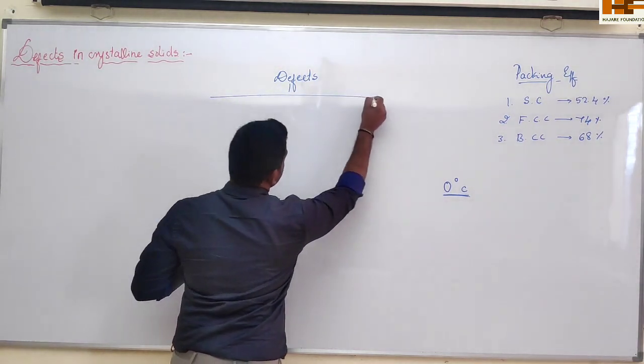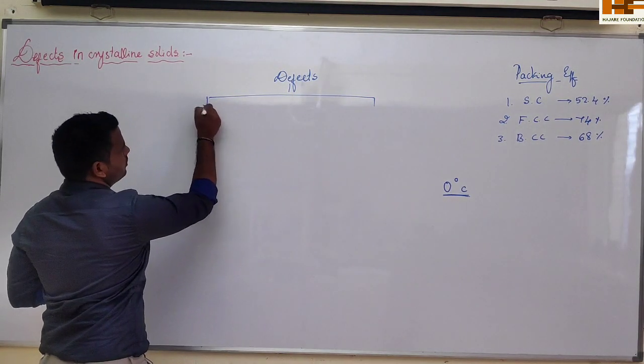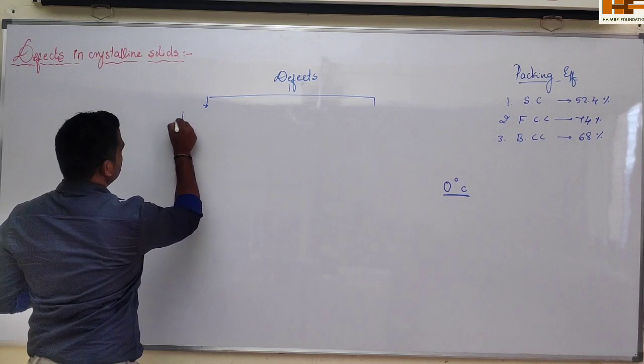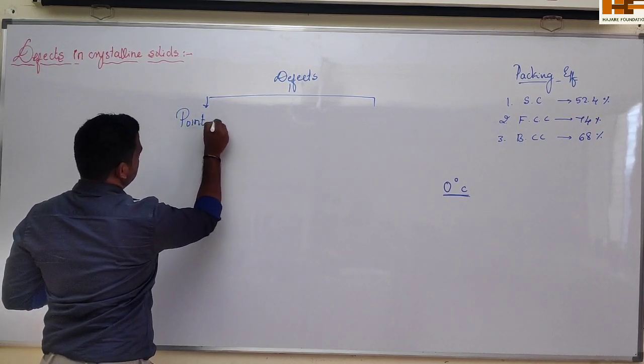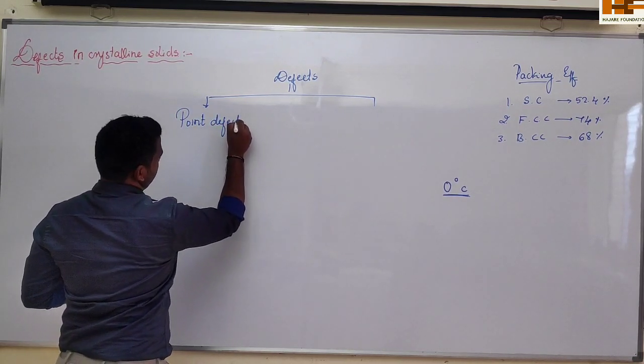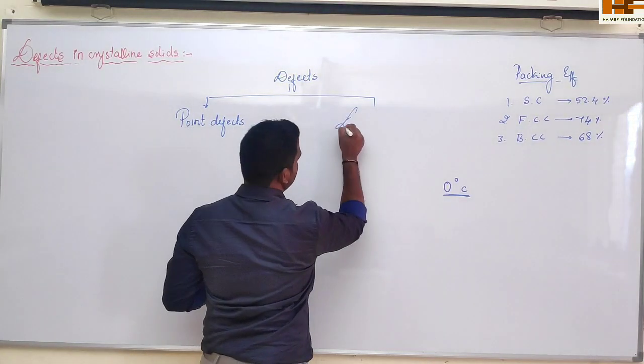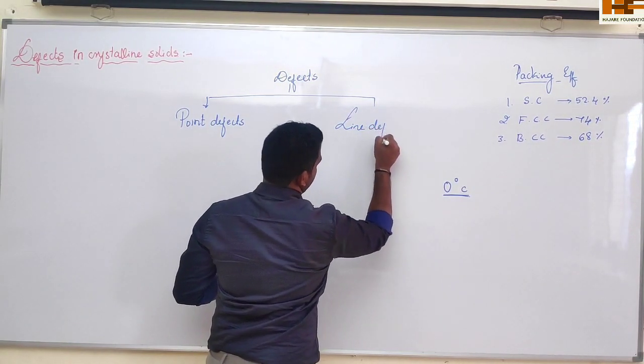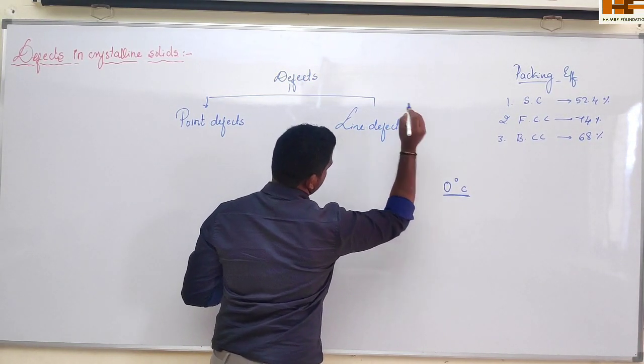One is point defects and the second one is line defects, right?